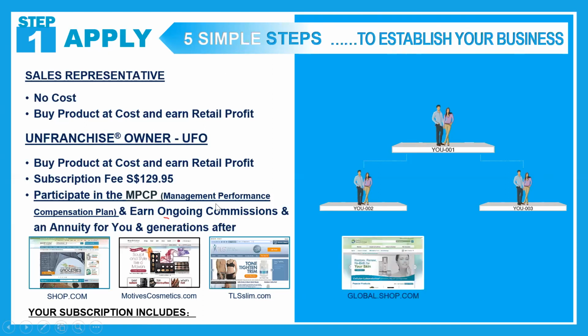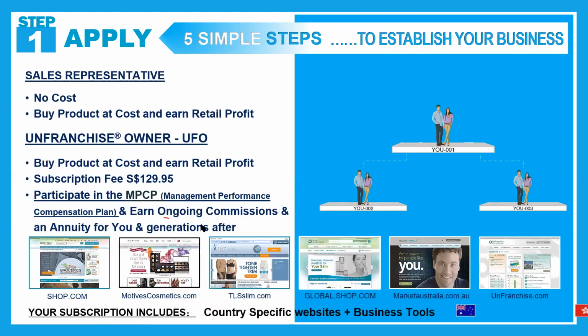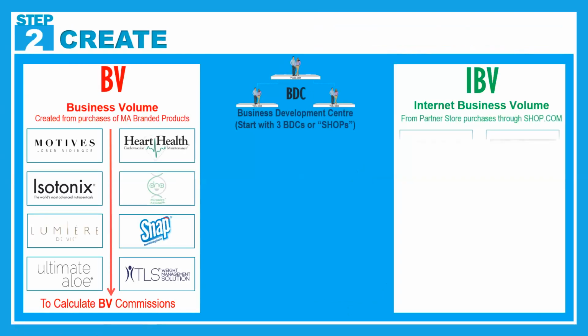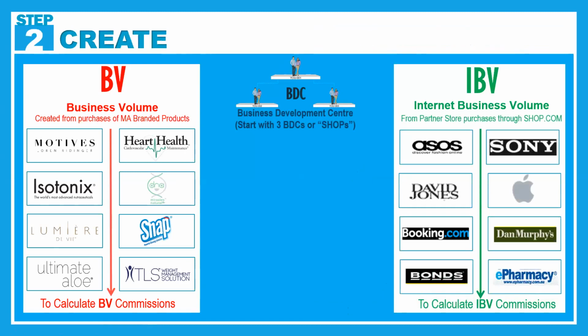And when you become an unfranchised owner, you will also have all these websites, as well as specific websites from different countries in Asia Pacific. Like people on this call, we have from Singapore, Malaysia, Hong Kong, obviously Australia and New Zealand as well. And when you create BV and IBV, BV stands for business volume created by our branded products.